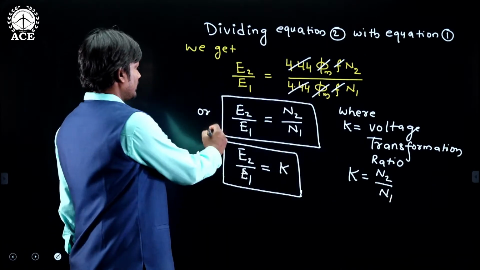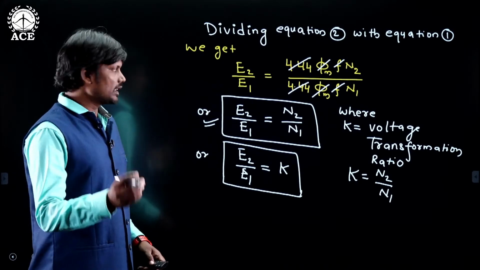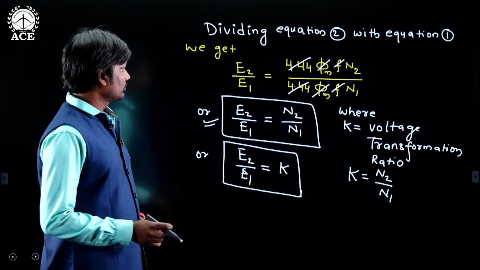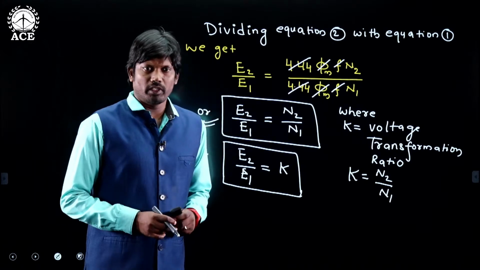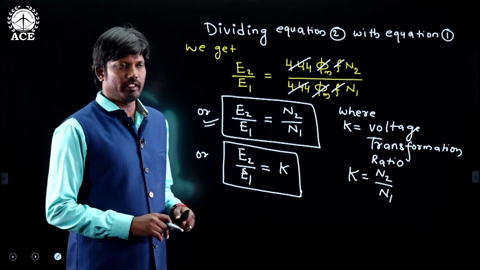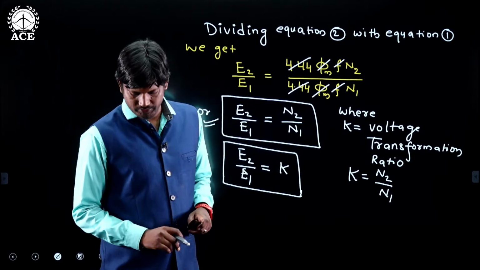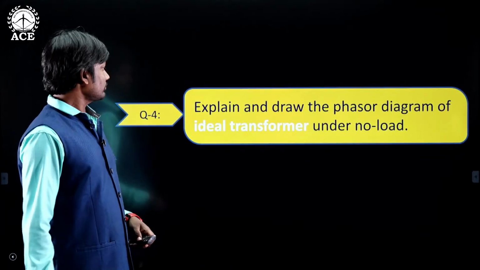Please note down this relation. These relations are very, very important. We will use this relation to solve some important problems later. This is a relation between the primary voltage, secondary voltage, and the secondary number of turns and the primary number of turns.